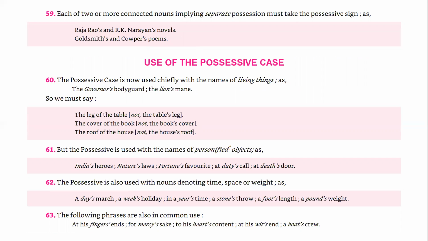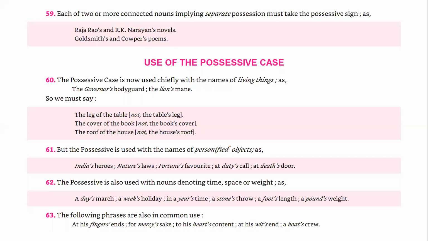Each of two or more connected nouns that talk about separate possession must take a separate possessive sign. For example, Raja Rao's novels and R.K. Narayan's novels. Here Raja Rao and R.K. Narayan are two different people.